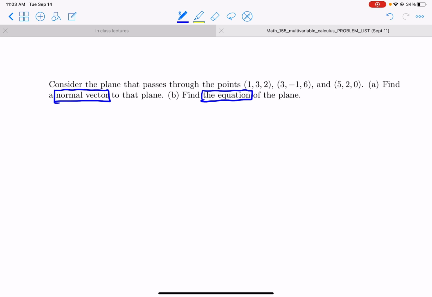Okay, so first, a picture. Maybe I'll call it a cartoon, because I'm not actually going to draw these points precisely, but I'll just draw my 3 axes, and maybe I have some point here, here up higher is a point, and somewhere over here is a point.